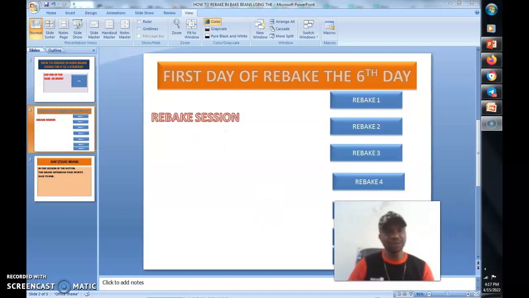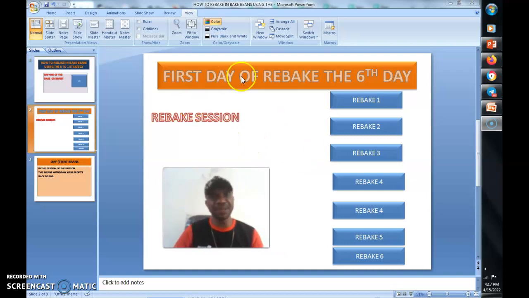You can compound the first day of rebake, which is the first of six days. We'll call it the 6-to-1 strategy. The first day you rebake, the second day you rebake, the third day, the fourth day, the fifth day, and on the sixth day you also rebake.